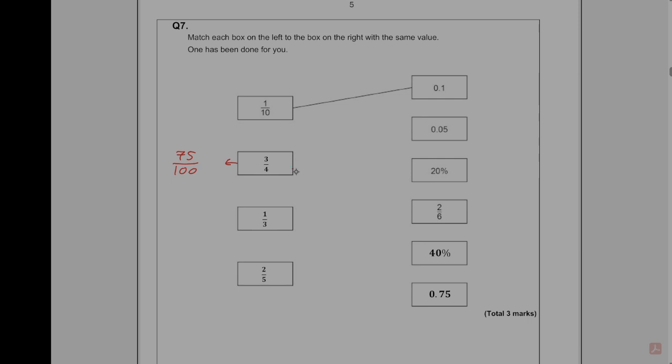So that one would link to that one. 1/3, I know that a third is equal to 2/6, and then 2/5, I'm going to say that 2/5 is the same as 4 out of 10. So 4 out of 10 is 40%, so that's going to be my matches.